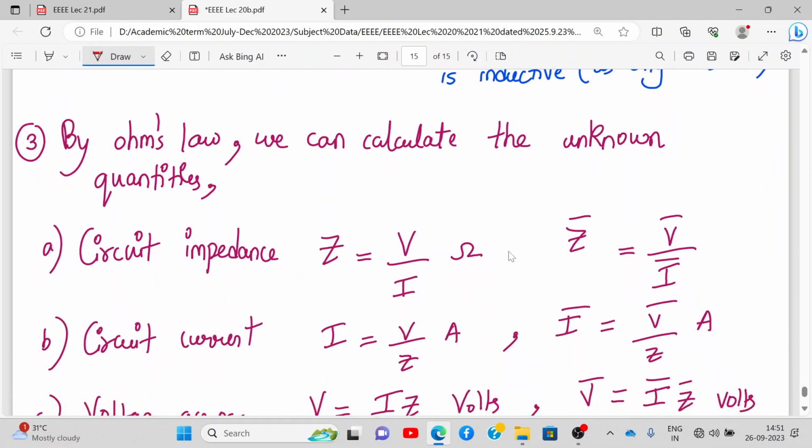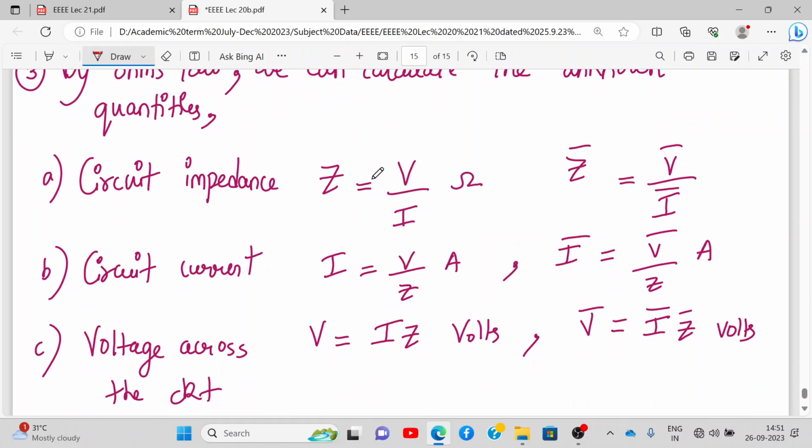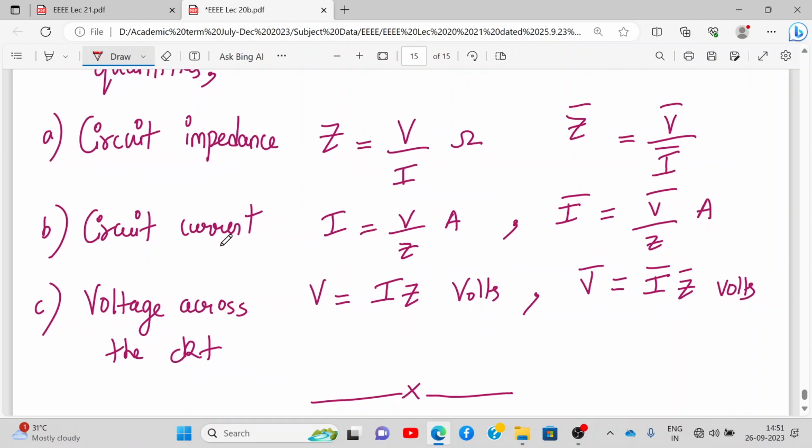Fine. Now last thing, by Ohm's law we can calculate the unknown quantities. Ohm's law is very important still. So circuit impedance Z will be V upon I. This you already know. Or in vector algebra, Z bar is V bar upon I bar, division in polar coordinates. Circuit current will be V by Z. These things may look silly now, but this will really help when you're solving a numerical.